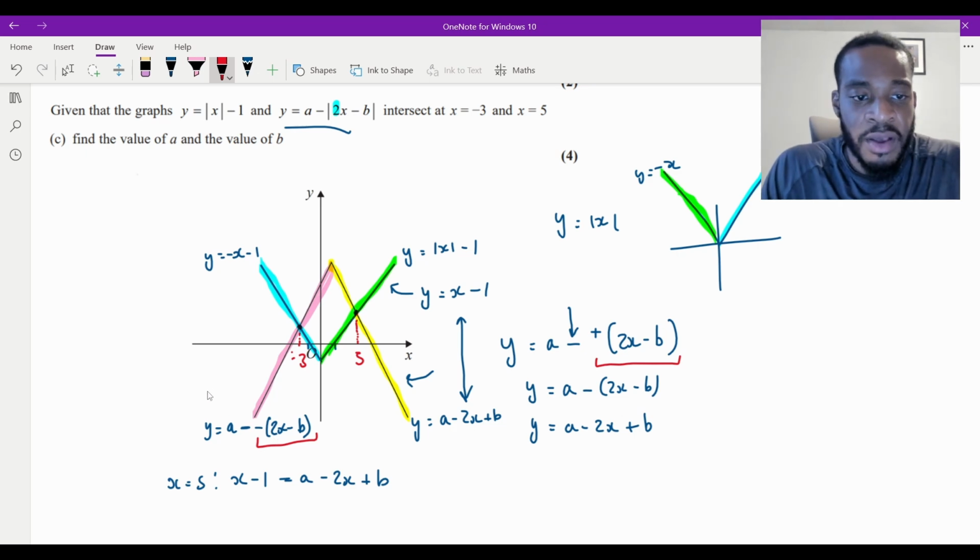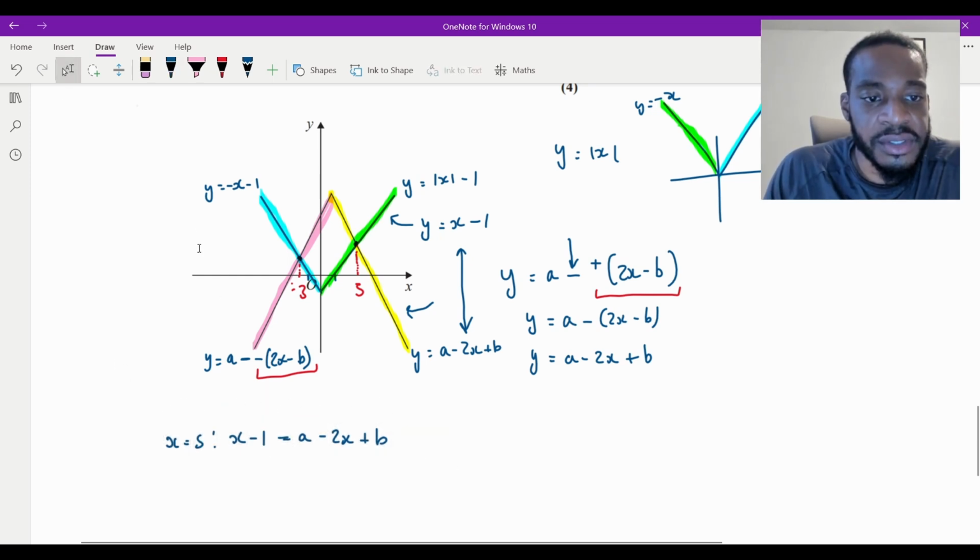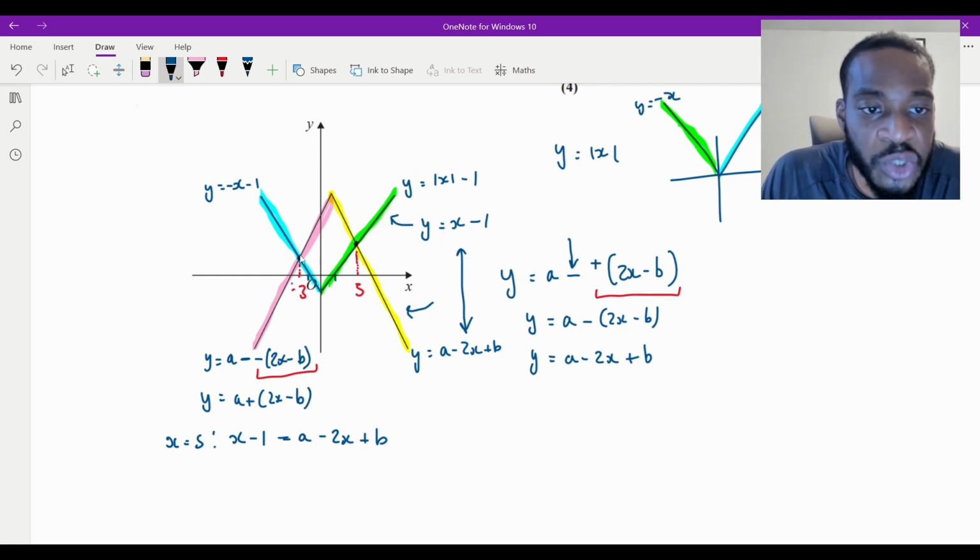So that way, if I just tidy that up a little bit more, I'll just do it underneath here so it's super clear. Let me put this down a little bit like that. And I'm going to say y is equal to, and then the two negatives will cancel. It's going to be a plus and then 2x minus b, like that. So the point of intersection when x is equal to minus 3, I'm actually solving which two equations?